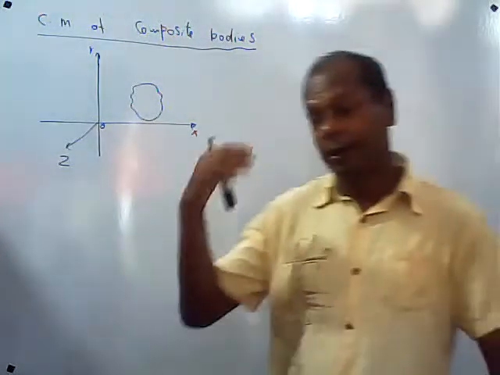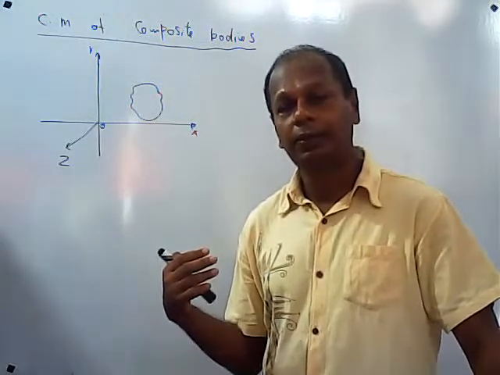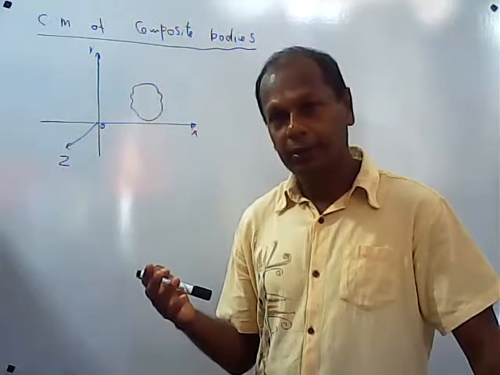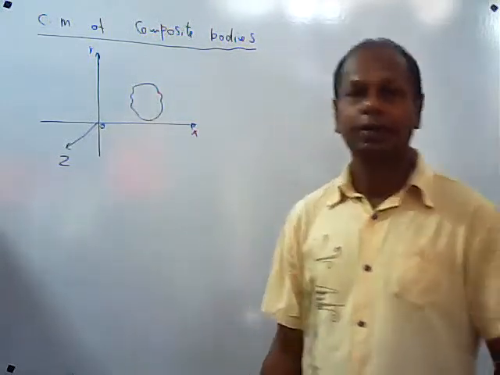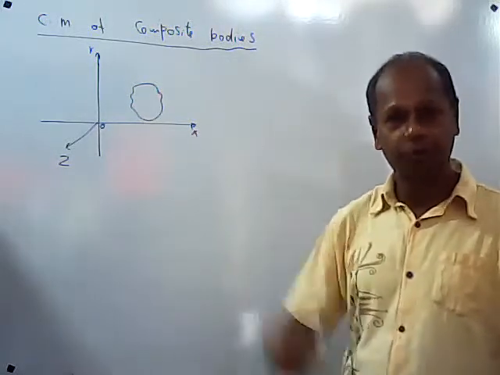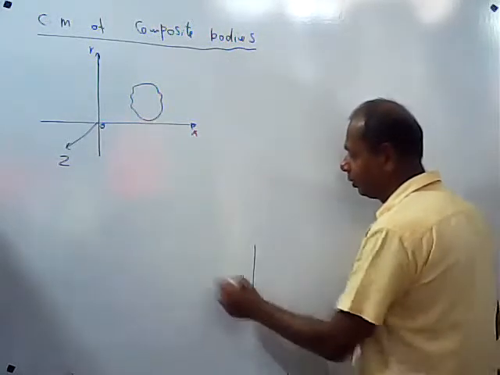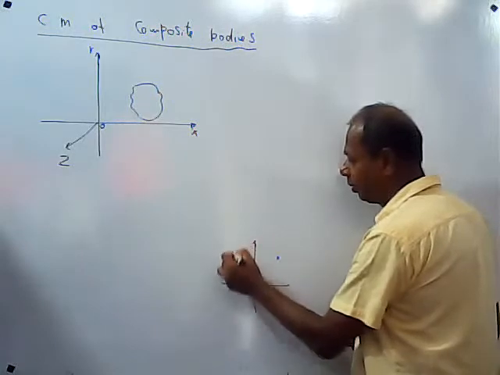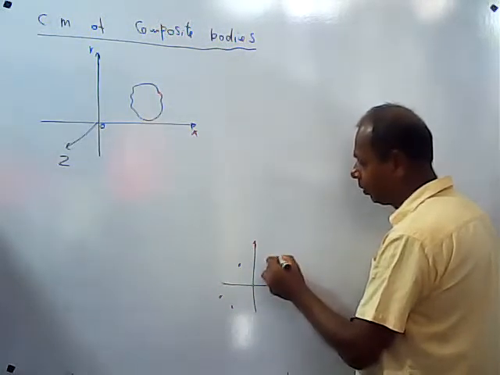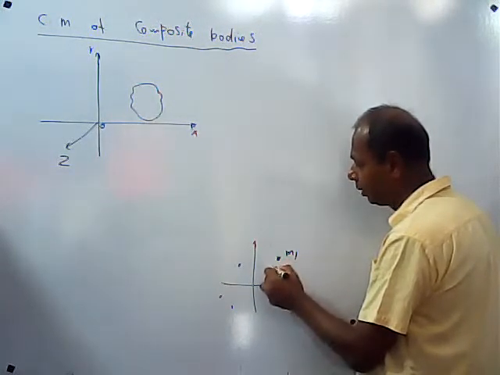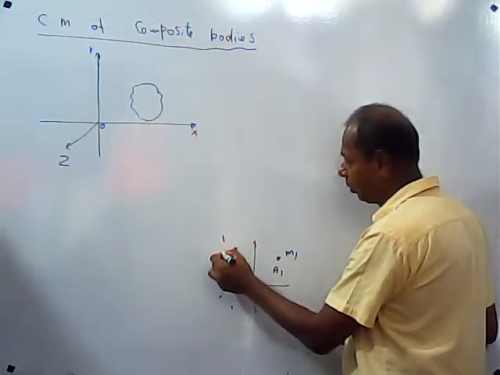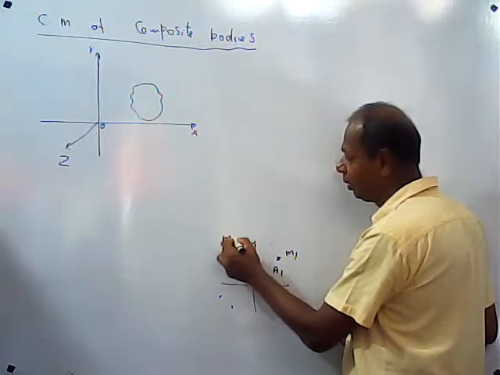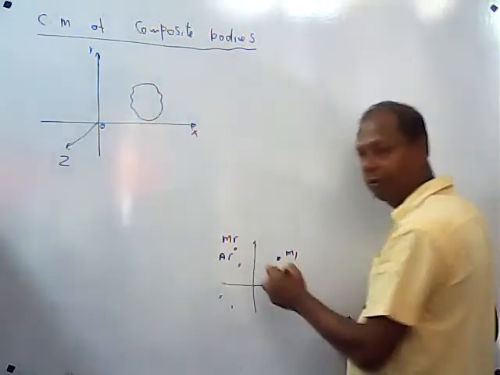So first, at the beginning, we defined the concept of center of mass by a distribution of points in space. A point with mass m1 at a point a1, likewise a point with mass mr at the point ar.